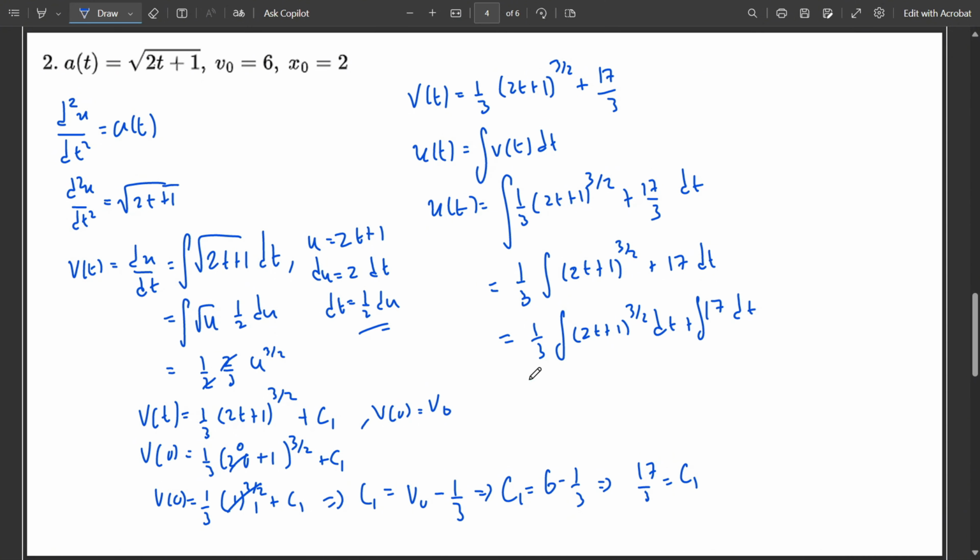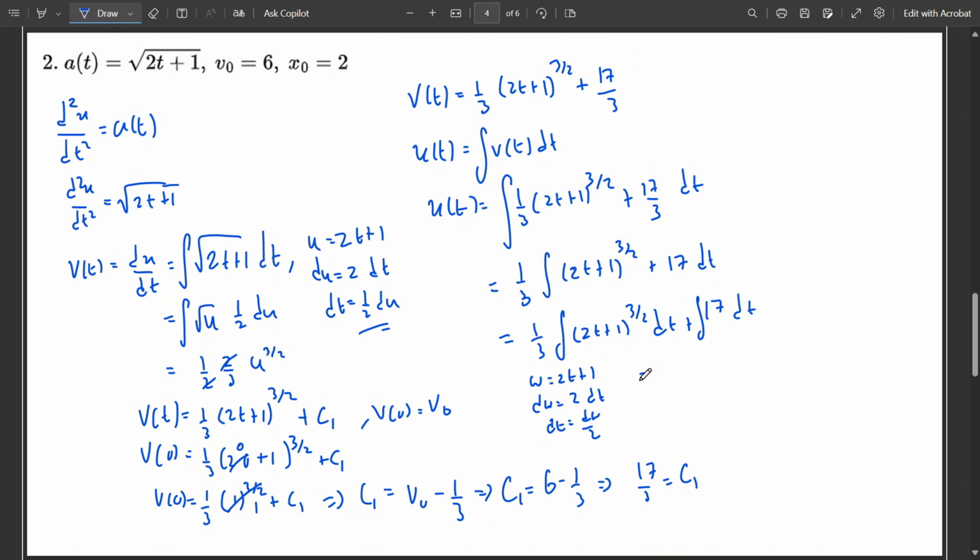Let w equal 2t plus 1 and dw equals 2 dt, then our dt is equal to dw over 2.